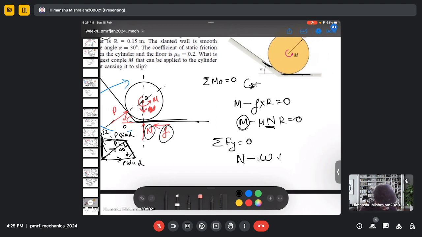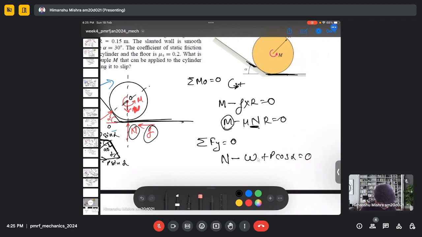So we will have N minus W plus P cos alpha equal to 0. So in order to find N, we now have to find P as well.